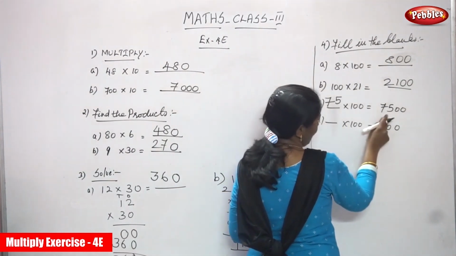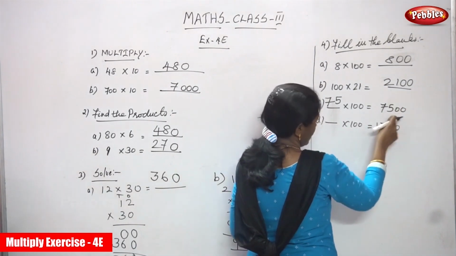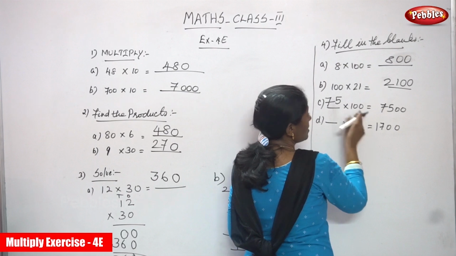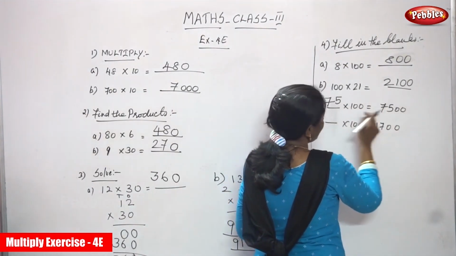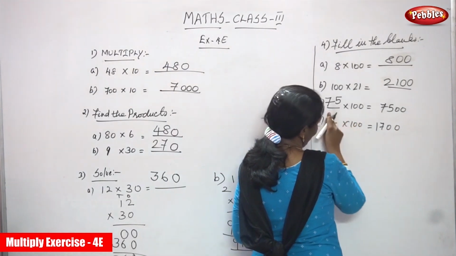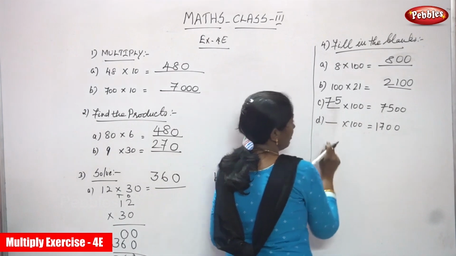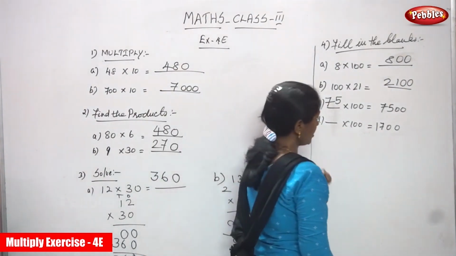So 75 you have to write, and the double zeros you must add as they are at the end, because you are multiplying by 100. 100 means 2 zeros, so you must write the 2 zeros at the end. Then the remaining number, 1 into 75, gives 75. So the answer is 75 in this blank. This is the right answer for the question.